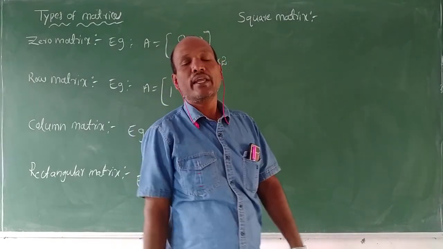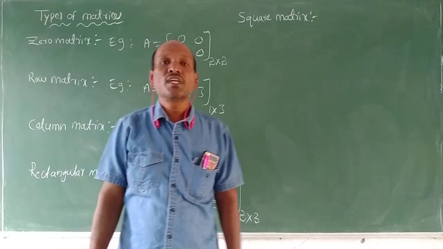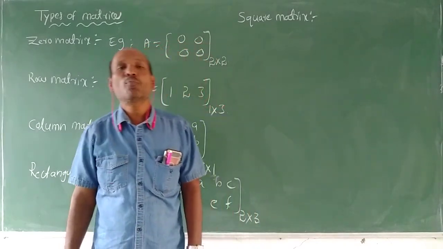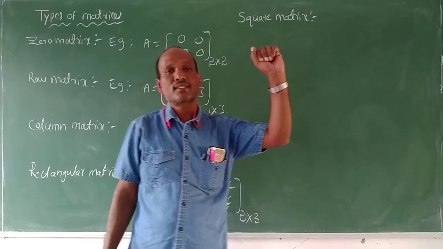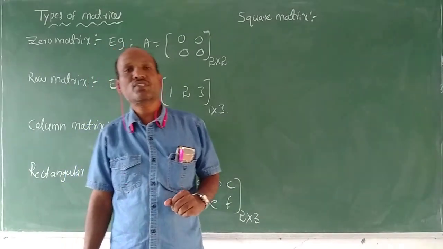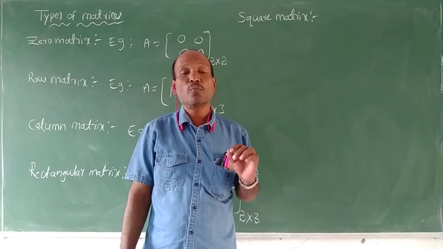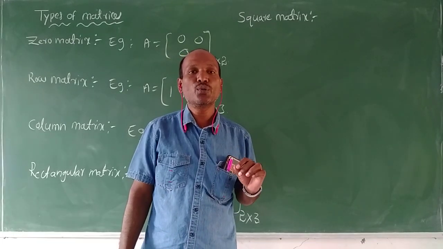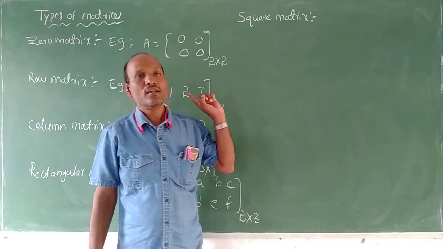A matrix in which the number of rows is equal to the number of columns is called square matrix.